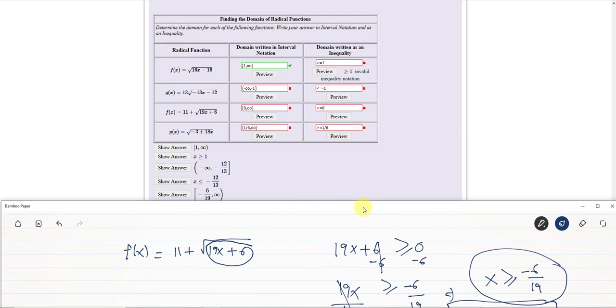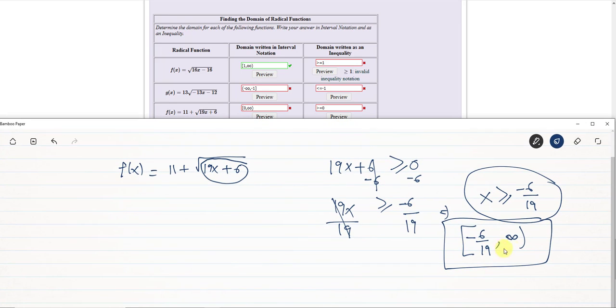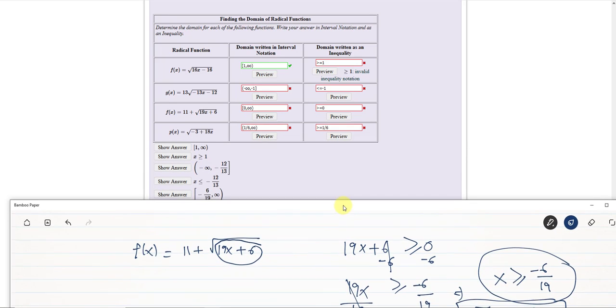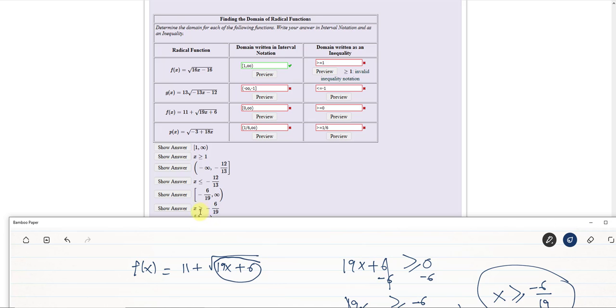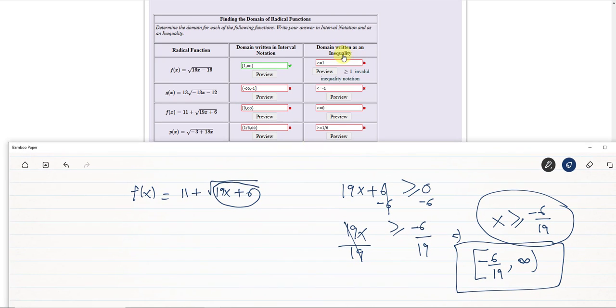And we can check the answers right away here. Negative 6 over 19, comma, positive infinity, and then x is bigger than or equal to negative 6 over 19 is your inequality notation. Make sure you include the x here.